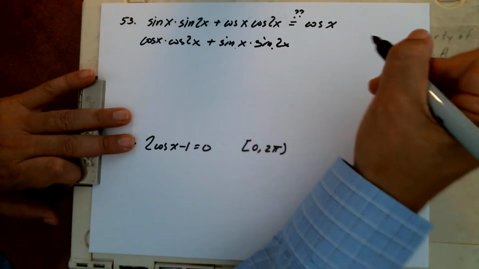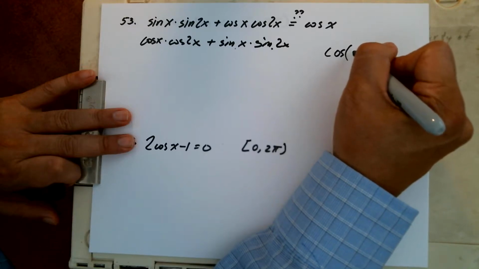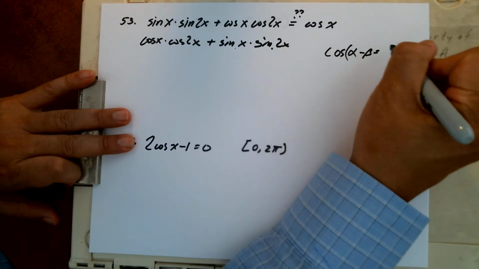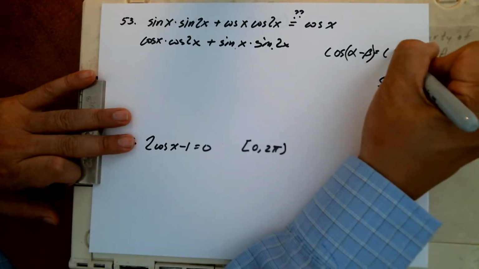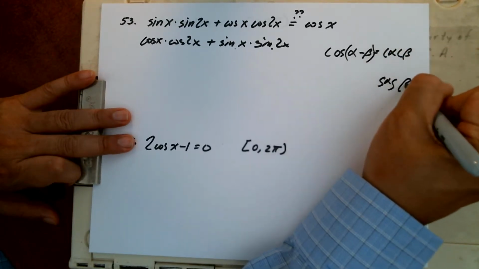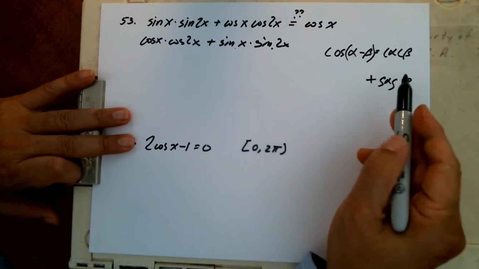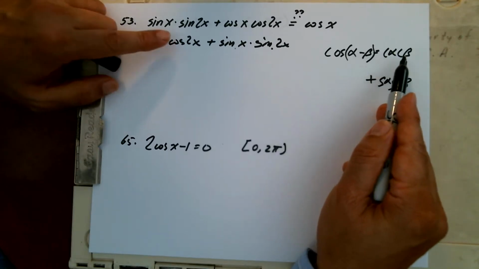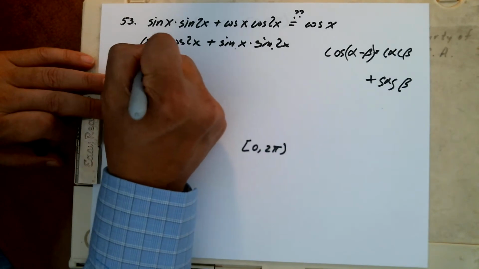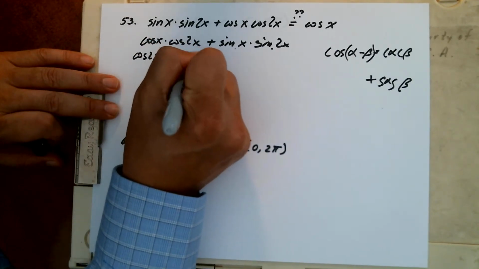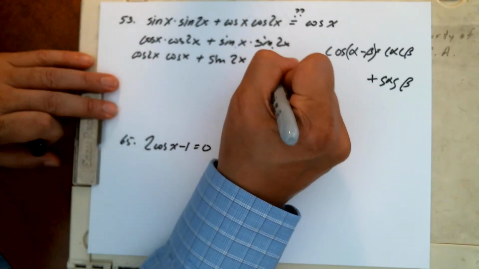The cosine of alpha minus beta is equal to cosine, cosine, sine, sine, alpha, beta, and change the sign. Oh, it kind of looks like this, doesn't it? I'm actually going to write cosine of 2x in front: cosine of 2x, cosine of x, plus sine of 2x, sine of x.